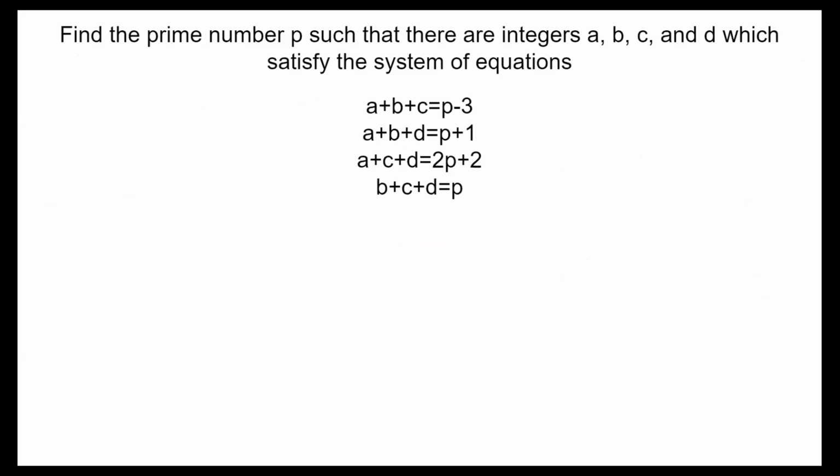Let's see who's the first one to get it right. I probably don't have enough time to actually present the solution to this, but as a hint, add all of the 4 equations together and see what you get.